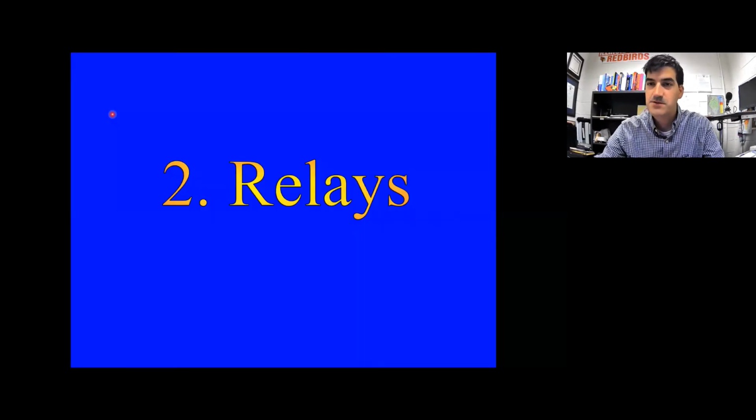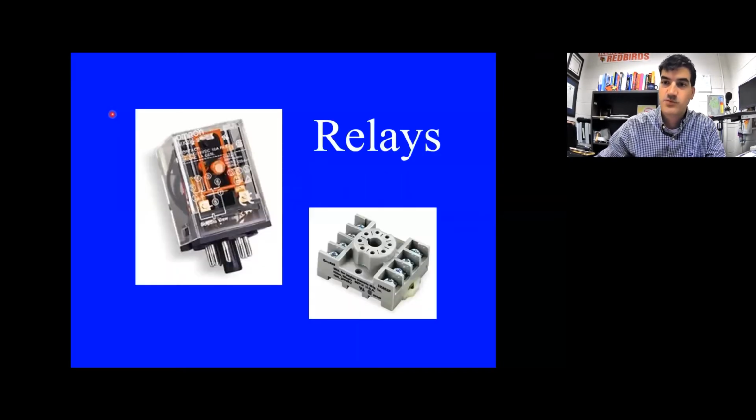Now we're going to talk a little bit more about relays and how we can use them, such as for the next lab. First of all, this is what a relay could look like. There are lots of different kinds of relays. This is called an ice cube relay. It's called ice cube because the components are contained in this clear plastic container, kind of like an ice cube.